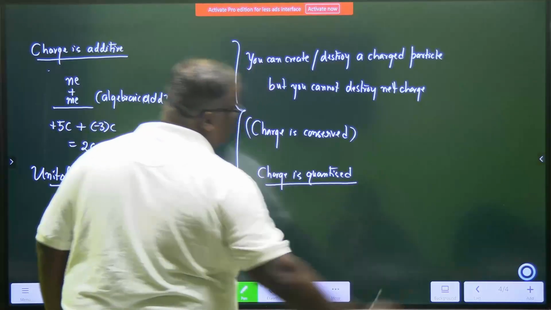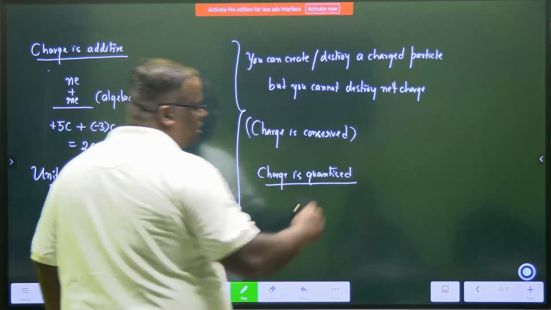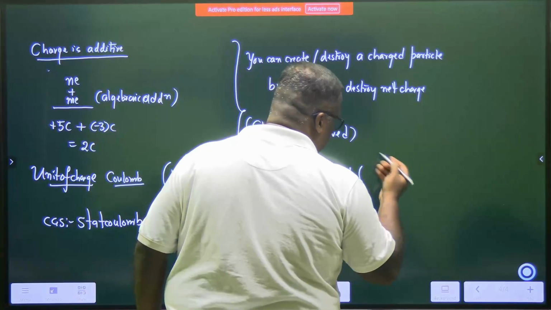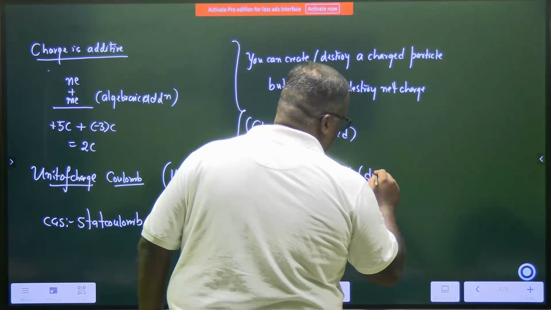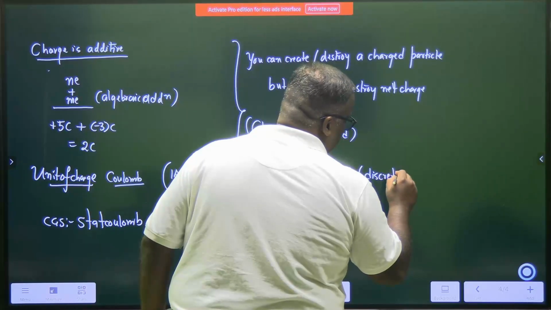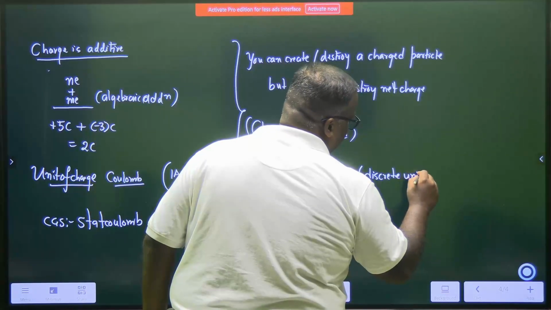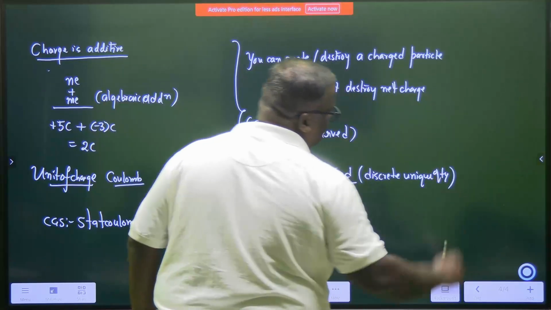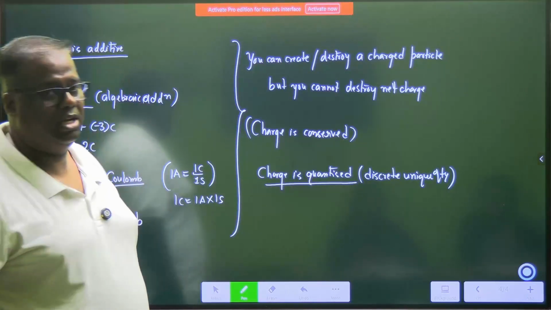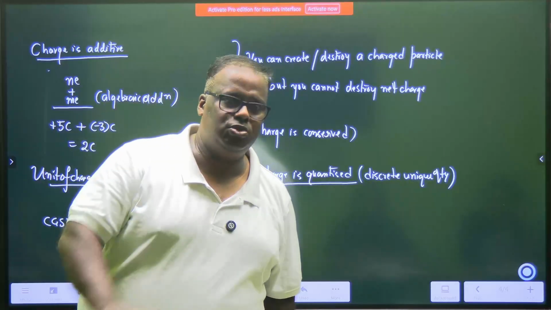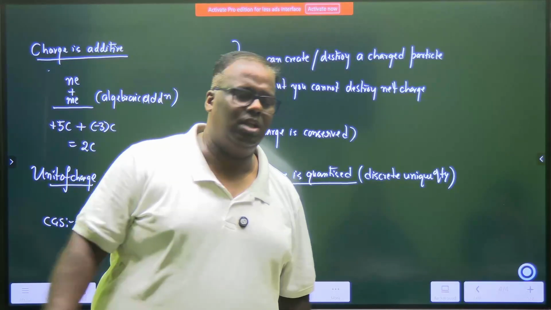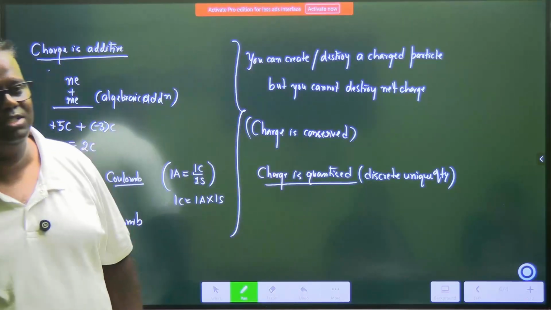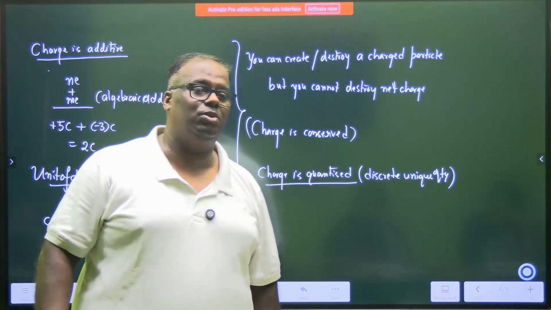What is quantized? Quantized means the transfer of charge, addition, deletion, transfer will always be in a discrete, unique quantity. What does that mean? Let's understand. The universe has got matter. In terms of charged particles, what is matter?